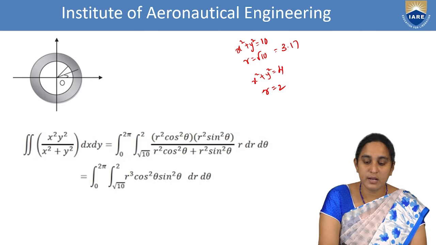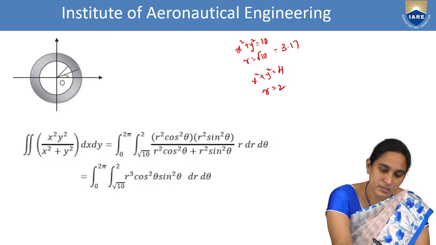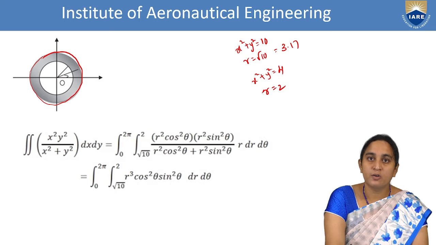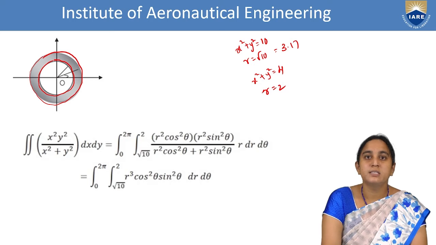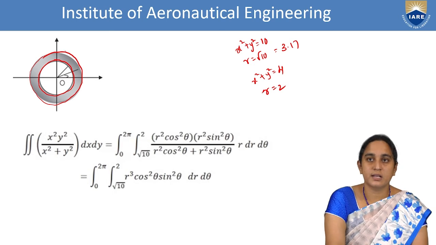The first is x square plus y square is equal to 10, and the second is x square plus y square is equal to 4. This is the diagram. Now we have to calculate within the two circles.